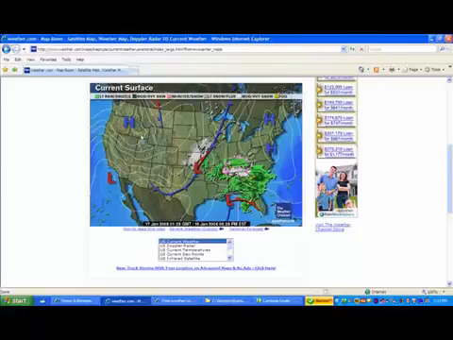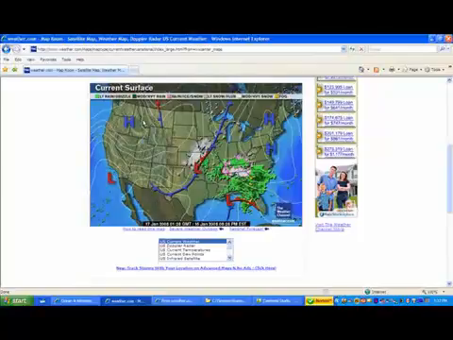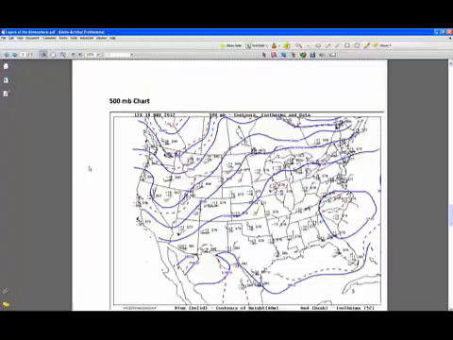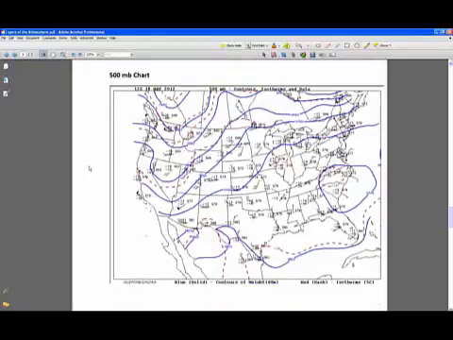Now, what we have done by the time you're viewing this module is that you will have learned how to move fronts. The 500 millibar map, we'll talk a little bit later. Actually, we're going to use the 500 millibar map along with the surface map.